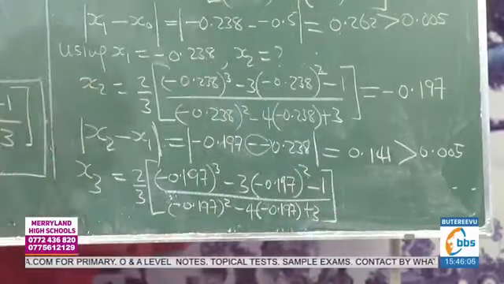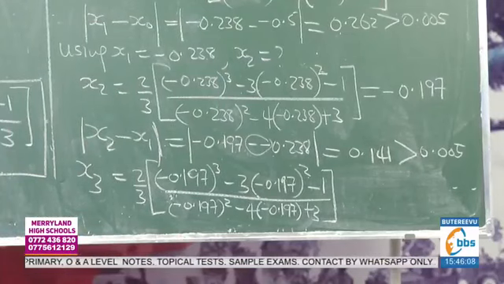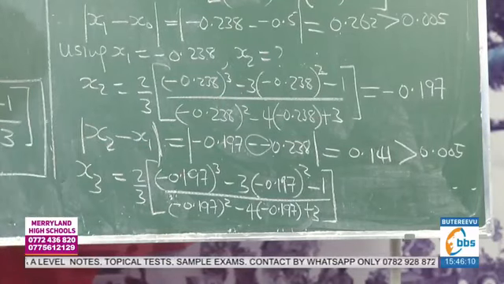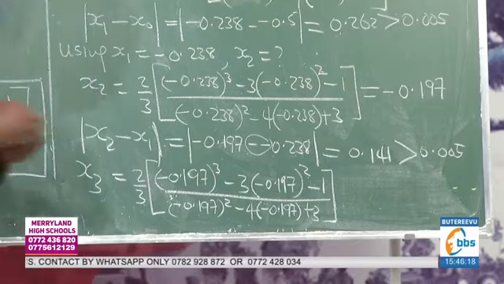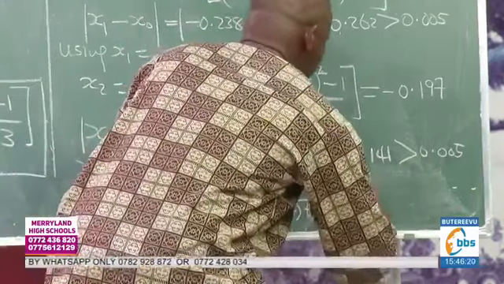This is the consistency I was talking about. If you are not consistent and you feed in wrongly or you compute wrongly using your calculator, you can be sure you are going to get a wrong value.